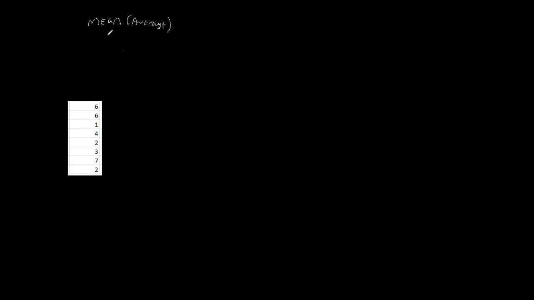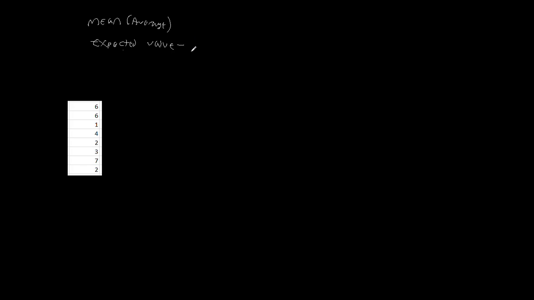You can think of this as the expected value. What that means is that if you were to pull an observation out of a sample at random, you would expect it to be close to this average or the mean.